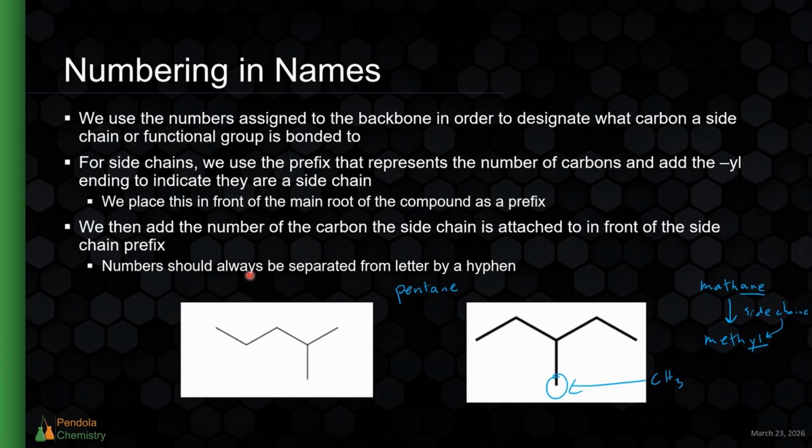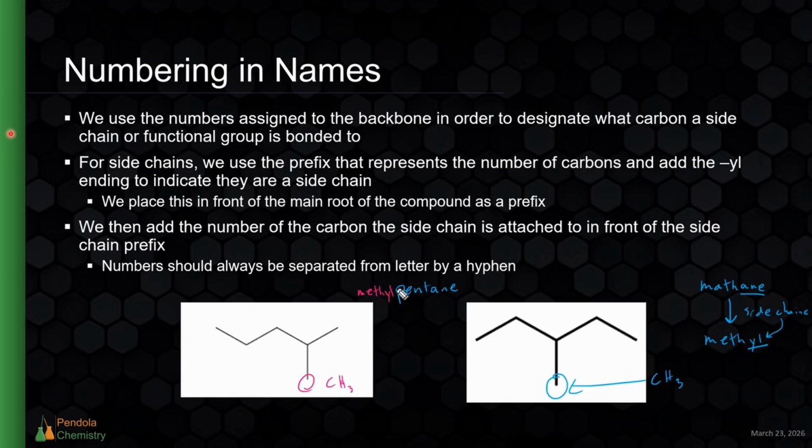And we're going to use a number in order to say where that side chain is attached. So that methyl in both of these, because these are both CH3s, so they both have methyls as side chains, and they're both pentanes because they have 5 carbons, this is going to be methylpentane.